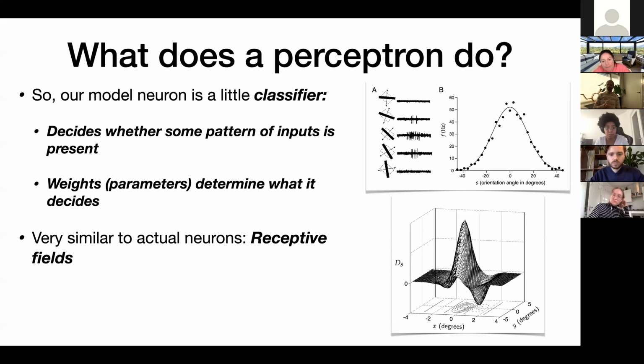For example, in terms of sensory systems, neurons will fire only when there is a specific pattern of inputs. So on the top here, you see an orientation selective neuron in the visual system. And you see that if we have an input where this bar, so here on the left column, you see the inputs, and here you see the spike pattern. So this is really whether it's firing any action potentials. If we change the orientation of that input, we see that first this neuron is silent, and then it starts firing and then goes down again.